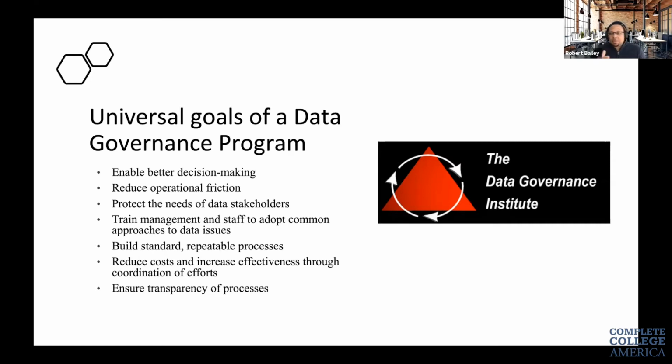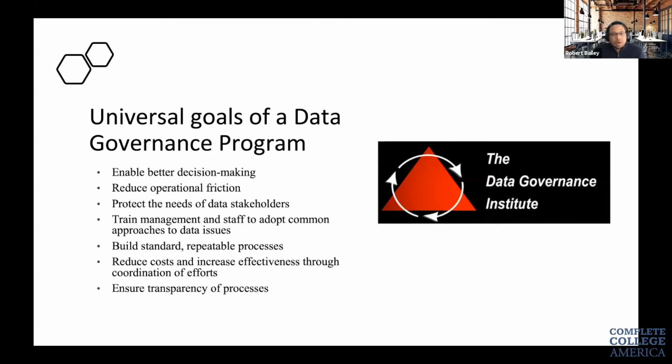And similarly to what was mentioned earlier, if there are reports or data that's available for somebody within the organization to use and put to good use, it's made available to them. So we look at some of the universal goals of a data governance program as outlined by the Data Governance Institute.